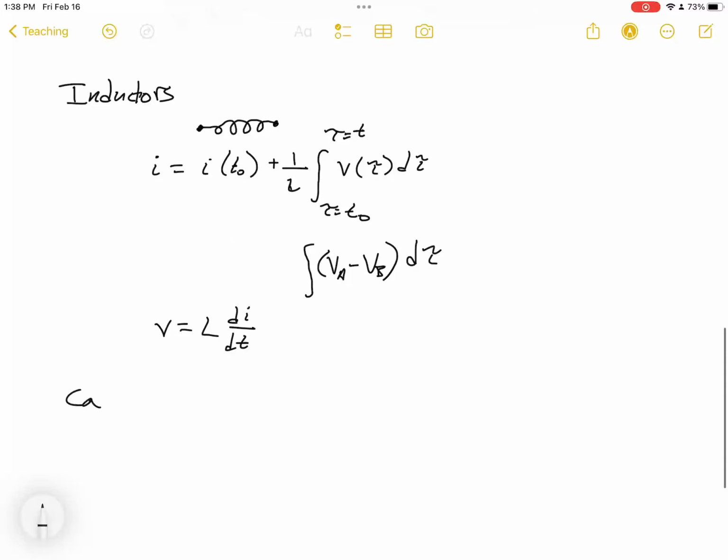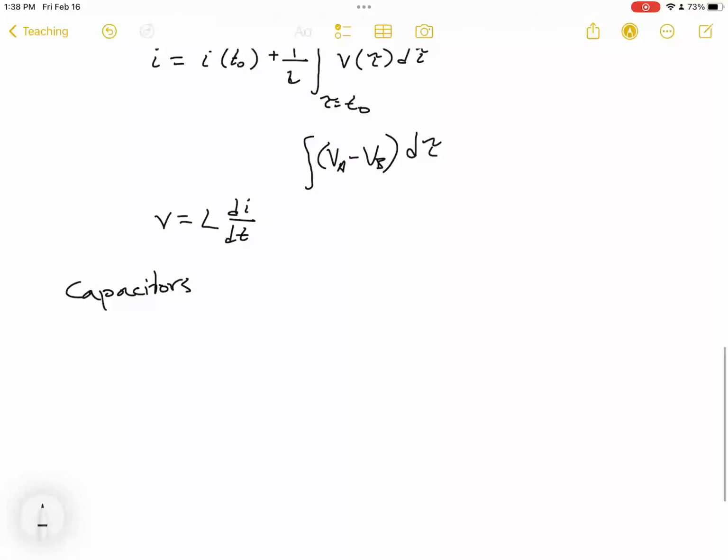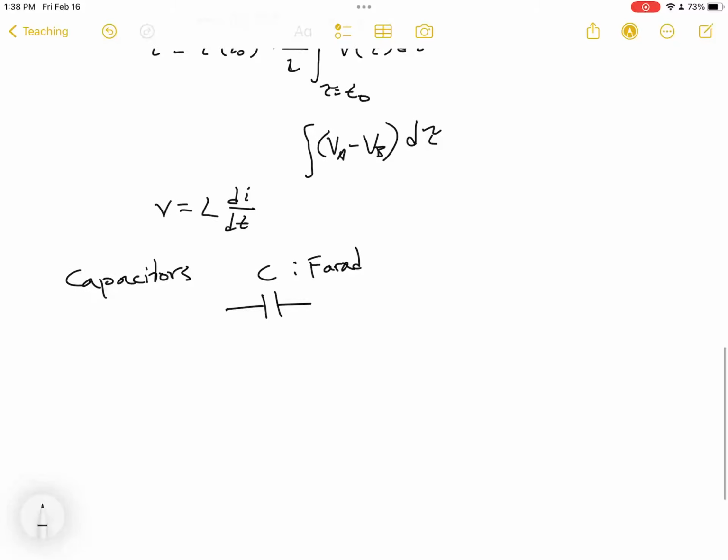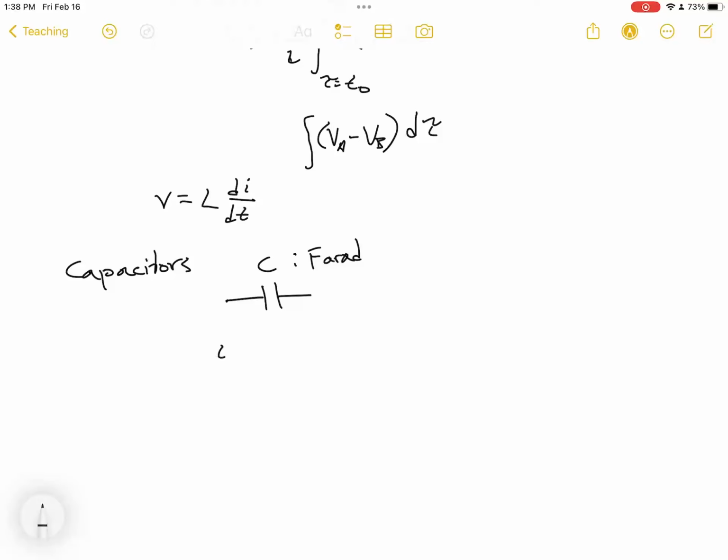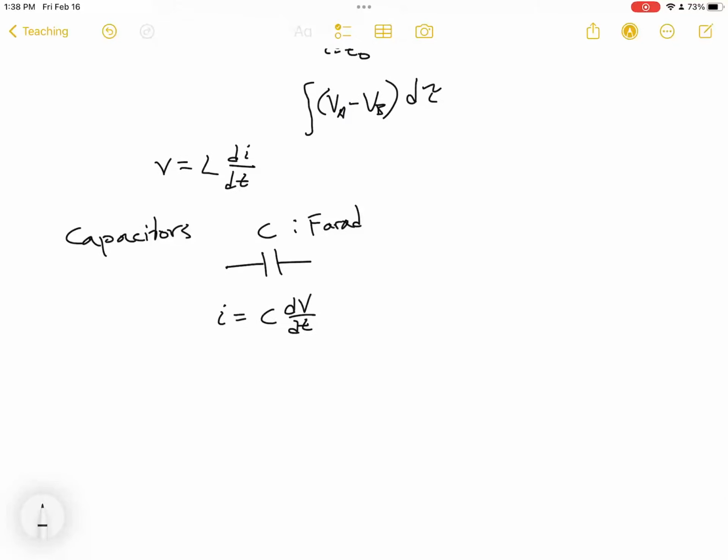And finally, we have capacitors, drawn like this, with a capacitance C, and the unit is a farad. The current going through a capacitor is equal to C times dV dt. Again, that's the rate of change of the difference in voltage.